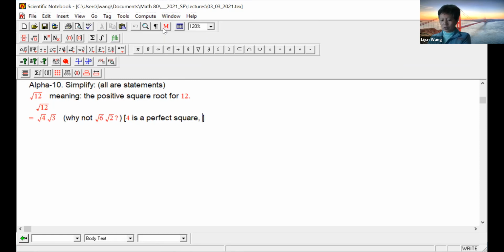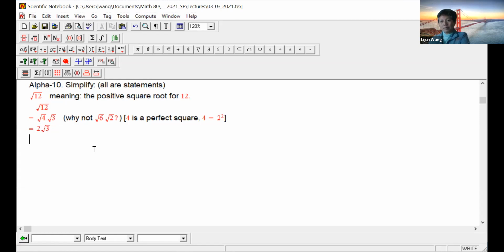In other words, 4 can be written as another number squared. That's a perfect square. And we recognize the perfect square in here, and we can reduce it to 2 times root 3.